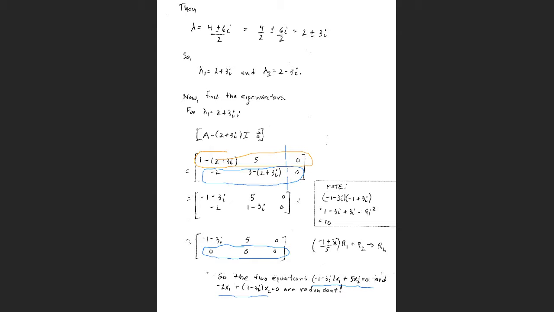We solved it, and we got two solutions, 2 plus 3i and 2 minus 3i. Well, it also holds that when you solve this homogeneous system of equations, the two equations are redundant. And so you only really need to utilize one of them to find your eigenvectors.